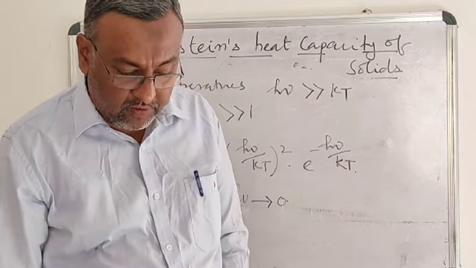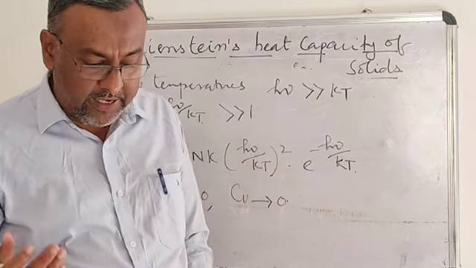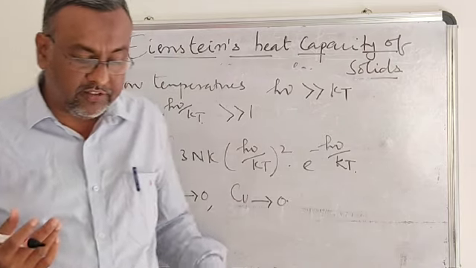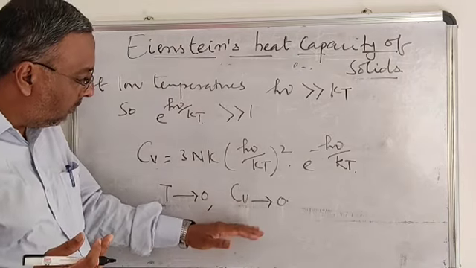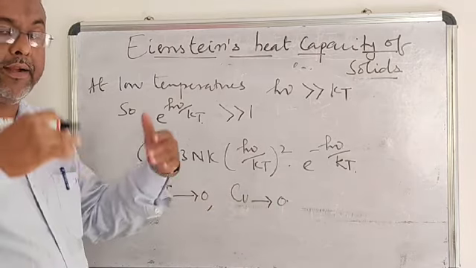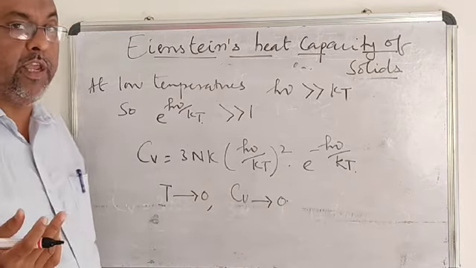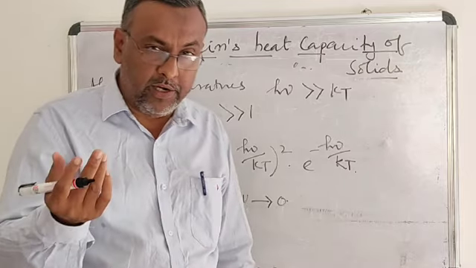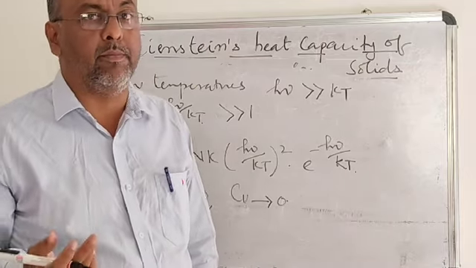So it is found that at low temperatures, the heat capacity according to this treatment will fall off rapidly and become equal to 0. At higher temperature, the Cv will be equal to 3R, which is approximately 25 joules per degree per mole.